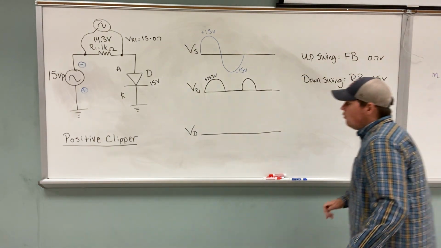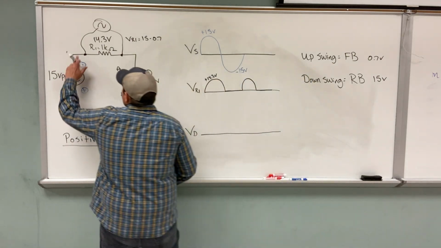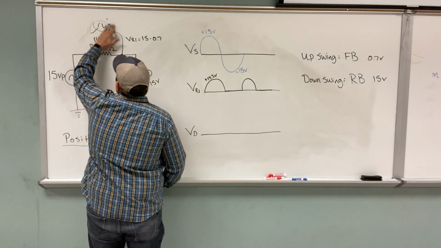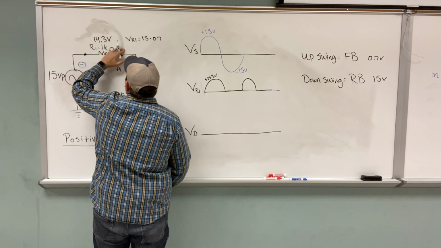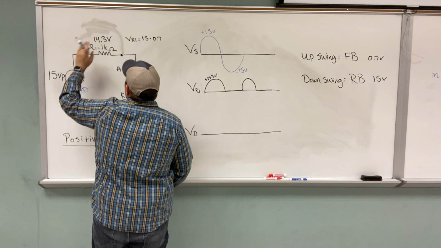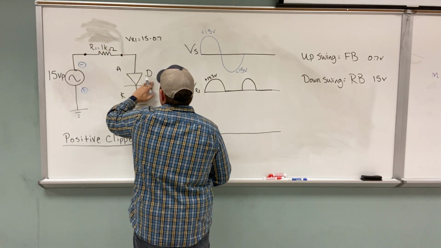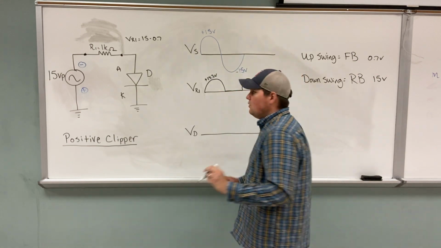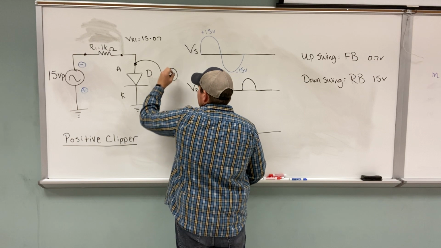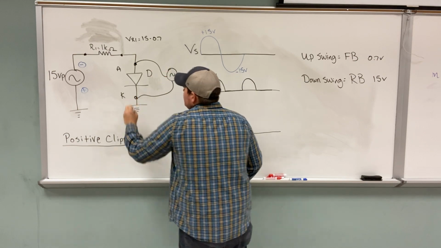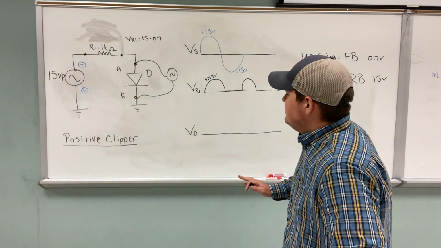Okay? So now, what would we look like across the diode? So now I'm going to place the oscilloscope leads here. So now I'm just looking at what the diode looks like. All right?